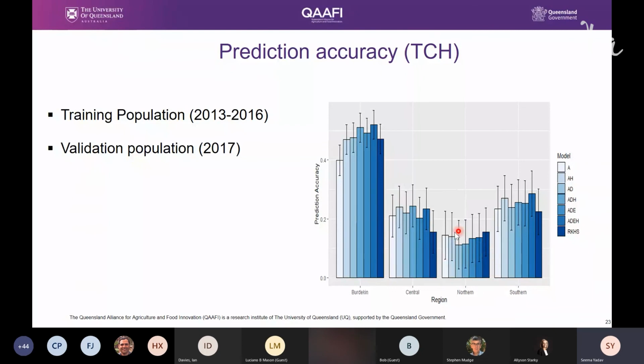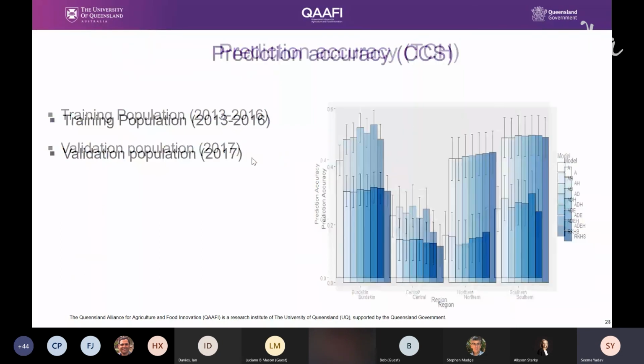In the TCH, we found the northern region with the lowest accuracy, and the highest accuracy was found in the Burdekin region, where the accuracy was almost 0.5. We are amazed to see that there are some regions in Queensland where we can predict almost 50% for untested phenotypes, and we can predict very accurately. So that's a good bet.